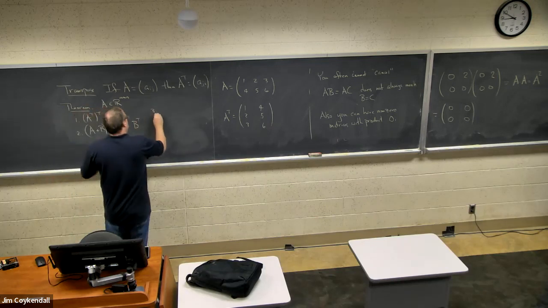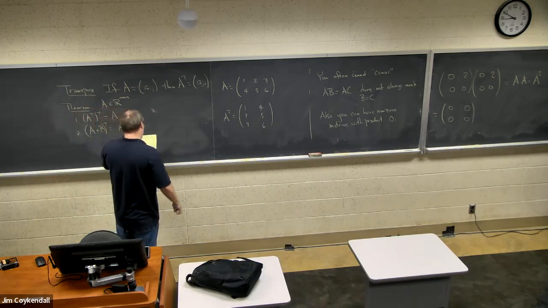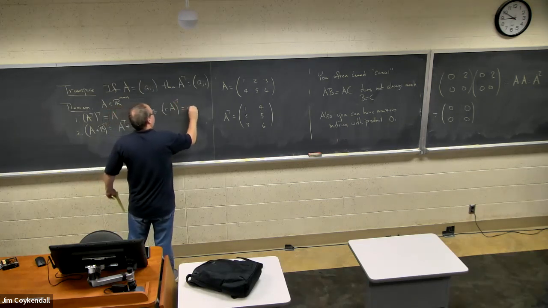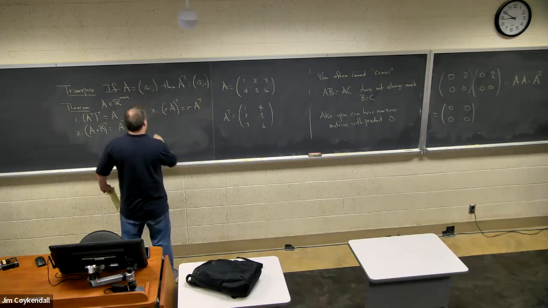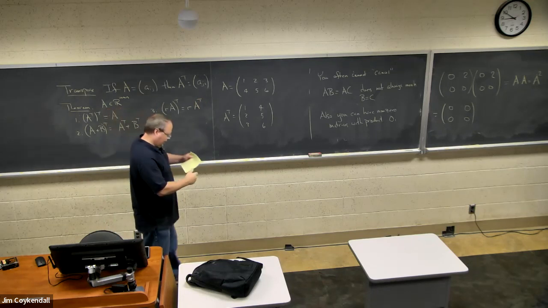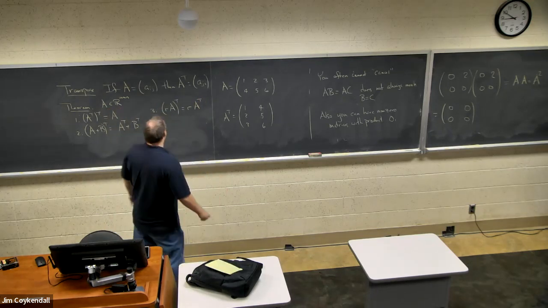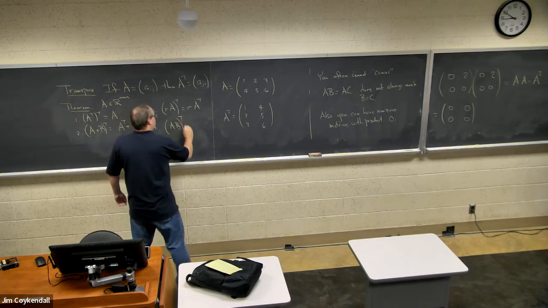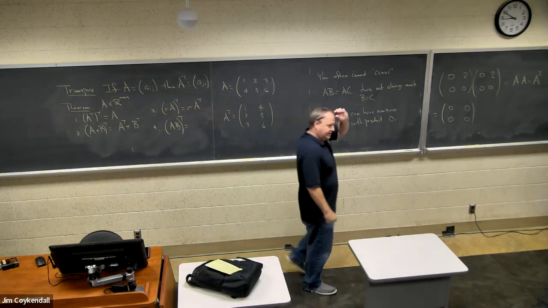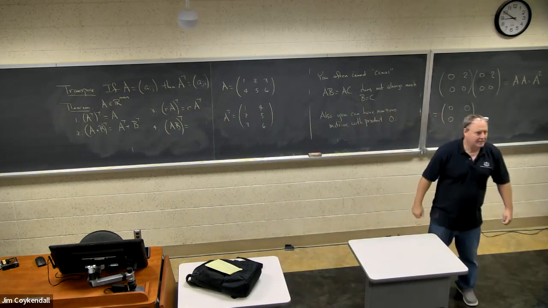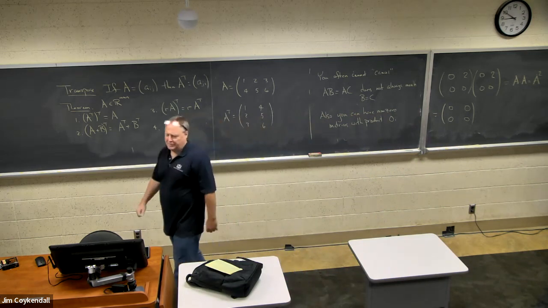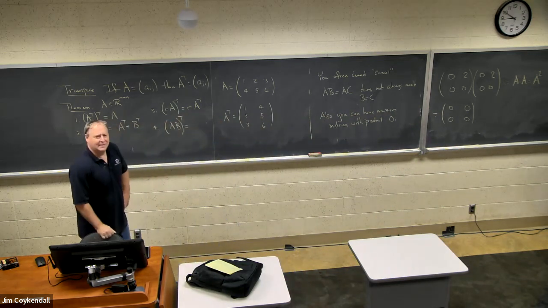Number 3, if you have a constant times A, transpose, you can pull the constant out. And here's the last one. Again, assuming that A and B are compatible, that is, you can actually multiply them, anybody want to guess what (AB) transpose is? A transpose B transpose? Gosh, I wish, but not quite.